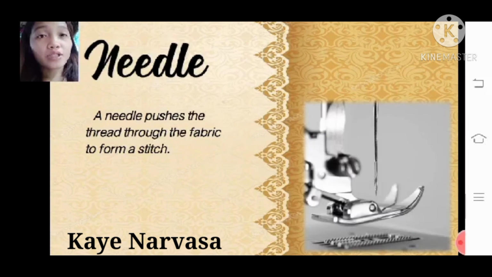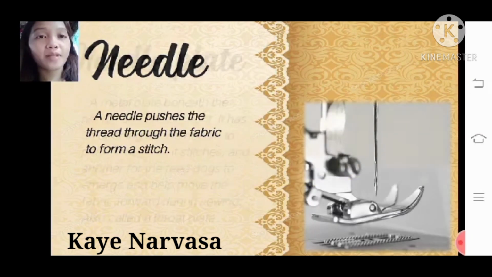As you can see in the picture, it is a long, slender tool with a pointed tip at one end, and at the top, it has a hole at the other. The needle pushes the thread through the fabric to form a stitch.